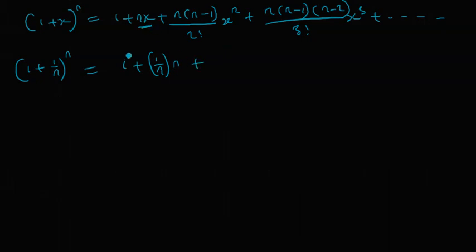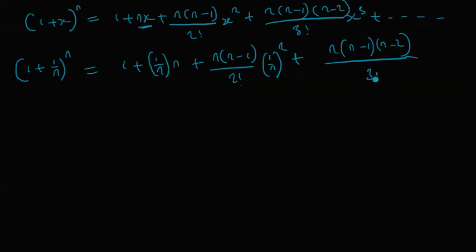Then we are going to have n times (n minus 1) divided by 2 factorial, then 1 over n all squared. Then we have n times (n minus 1) times (n minus 2) all divided by 3 factorial, 1 over n all cubed. So the sum continues to infinity, but in this case 1 over n times n is 1, so this is 1 plus 1.